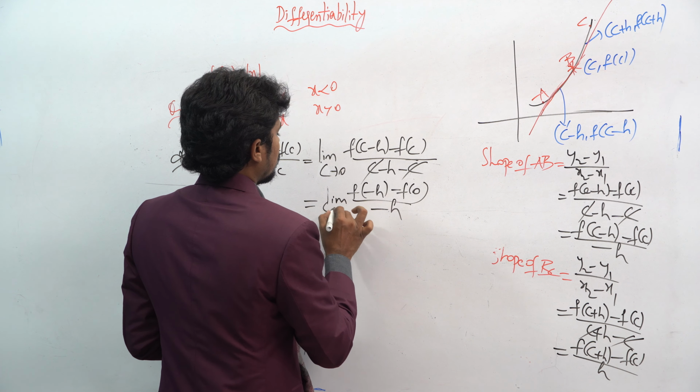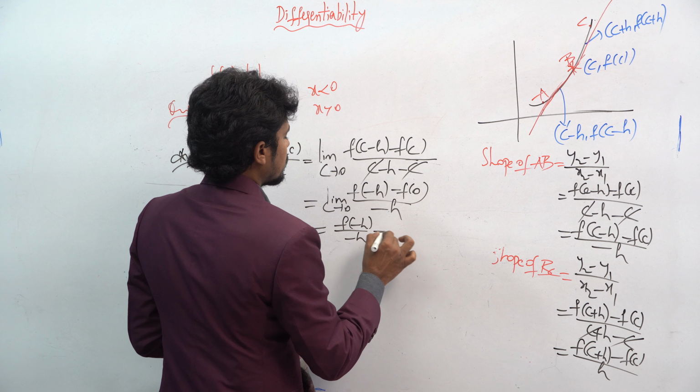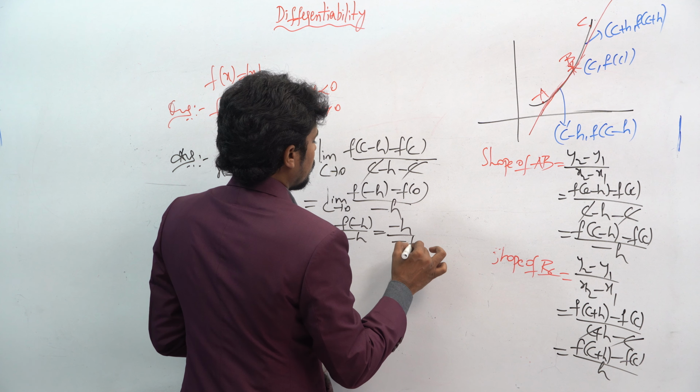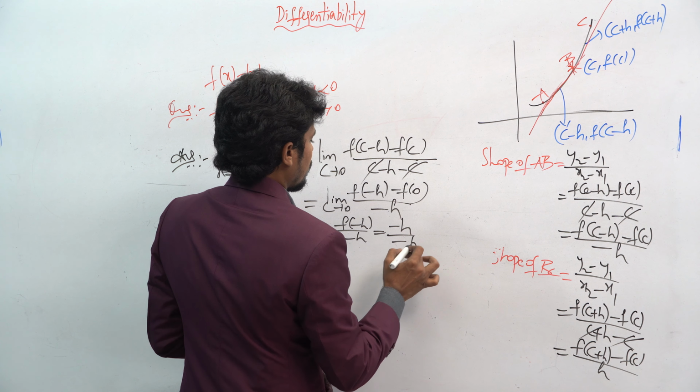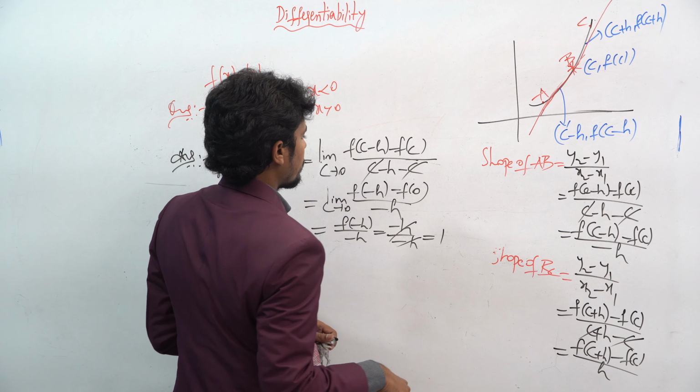This will become f of minus h divided by minus h, which will become plus 1, right?